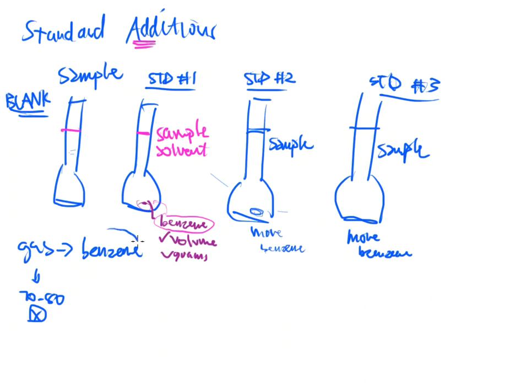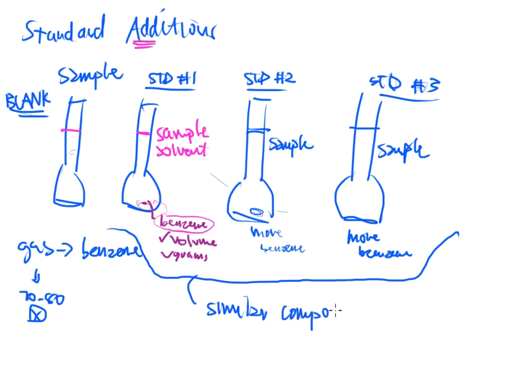Now, look at what has happened. We have a set of standards here, 1 and 2 and 3, that is very similar in composition to the sample that was delivered to the lab. Basically, if this was all gasoline, this is gasoline plus a little bit of benzene that I added.